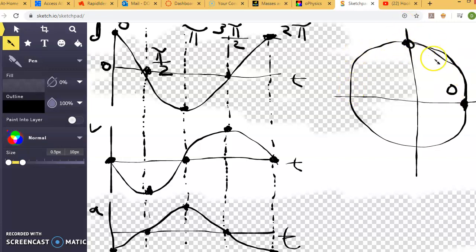All the way to here would be 180, which is also called pi. So half of pi would be pi over 2. If it goes all the way down to here, that's 3 pi over 2. And if it comes all the way back again, that's 360 or 2 pi.